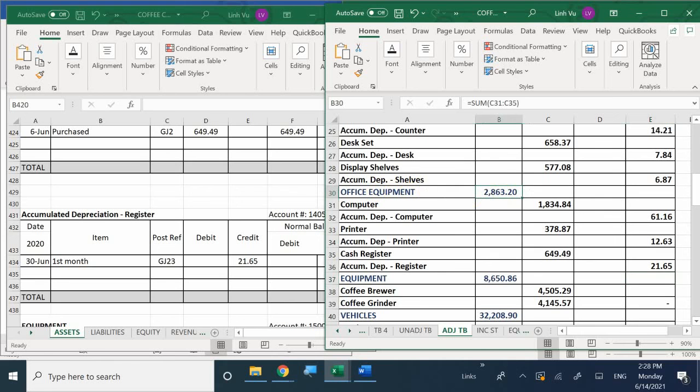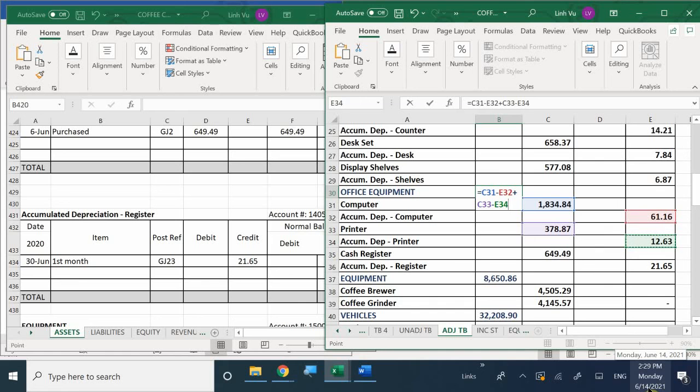So let's go ahead and update this formula, right? We're going to wipe it out and we're going to calculate it. We're going to add our computer, but subtract out the depreciation. We're going to add in our printer because it's part of office equipment, but subtract out my depreciation there.